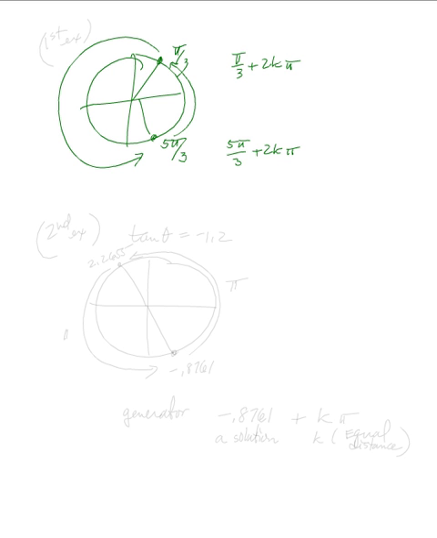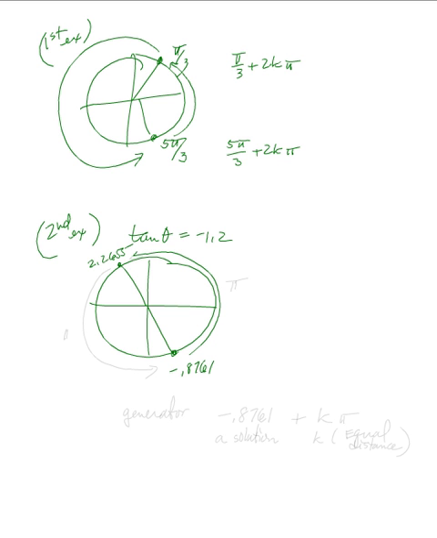So that was our first example, right? In our second example, we solved tangent of theta equal to negative 1.2. And what we saw, we got these solutions. We got here, negative 0.8761, and we got over here, 2.2655. But we saw these are equidistant. The distance from negative 0.8761 to 2.2655, and then from 2.2655 to the next name that would be given to negative 0.8761, that distance is pi.